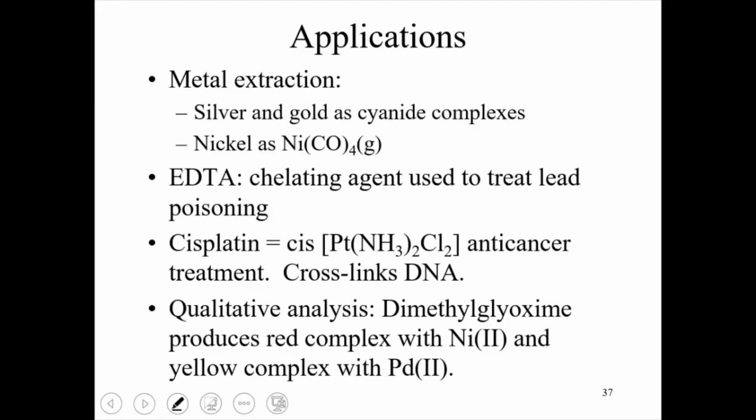And of course, you're all familiar with our techniques of qualitative analysis. We've used several reagents that give us a color, precipitate, or redissolving type of reaction with particular ions. For example, we can use dimethylglyoxime, or DMG, to distinguish between nickel 2 and palladium 2 ions.